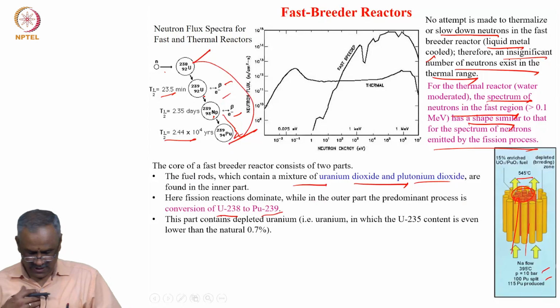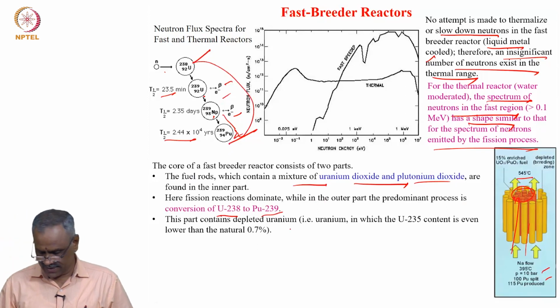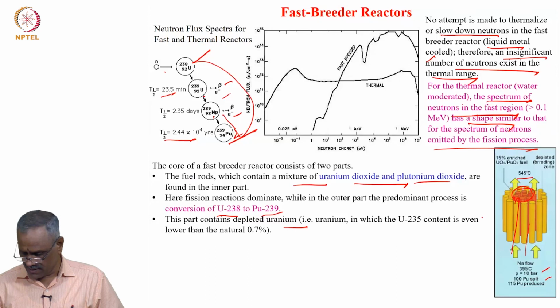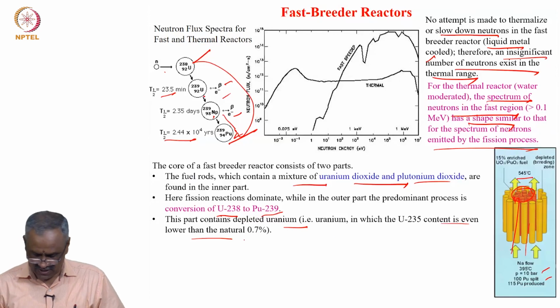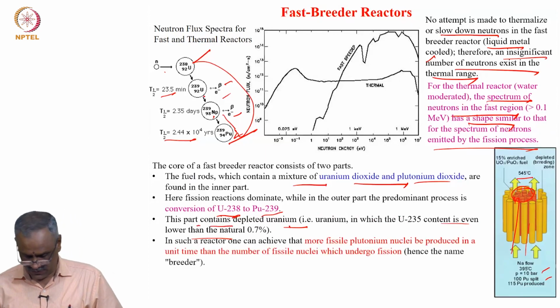Okay. So, this outer part generally contains depleted uranium, that means U-235 content even lower than the natural 0.7%. The meaning of this is that it contains depleted uranium, less than 0.7% U-235, because even natural uranium, that is U-238, has a certain fraction of U-235.